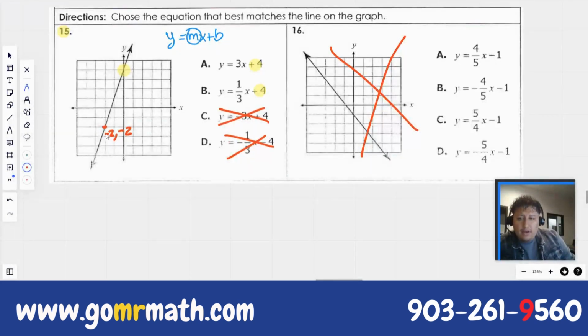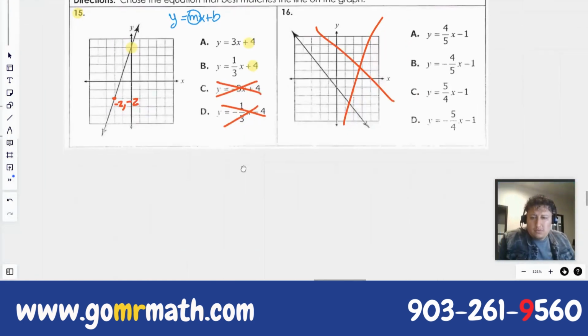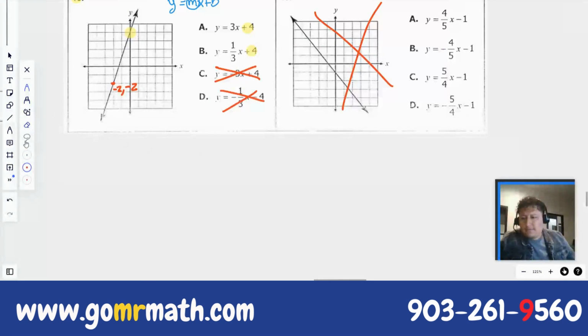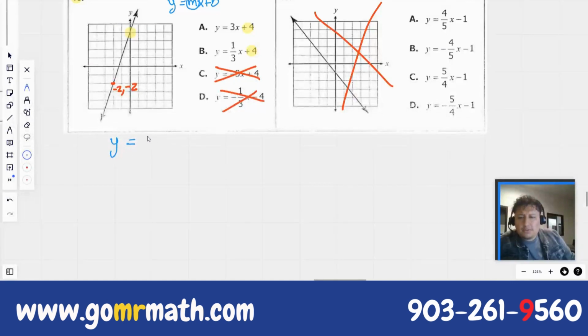And then we need to verify which one of these two lines actually contains that point. Okay, we have only these two options, right? We have y equals to 3x plus 4.